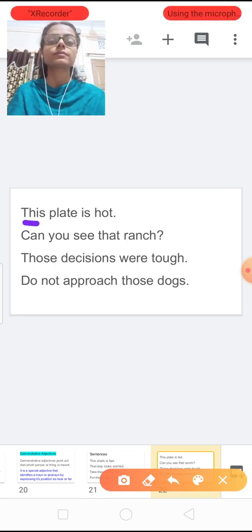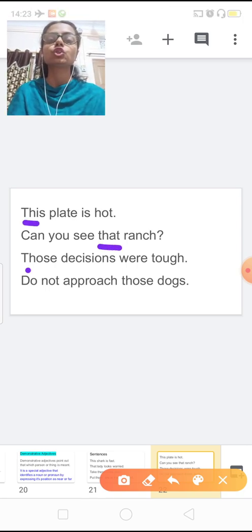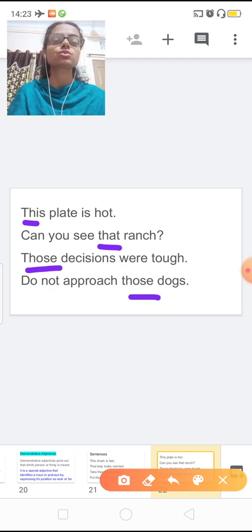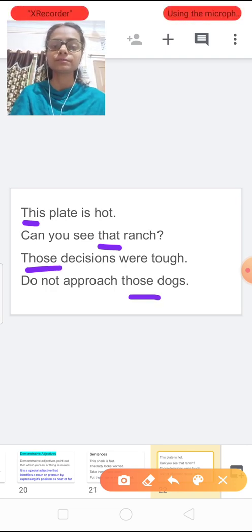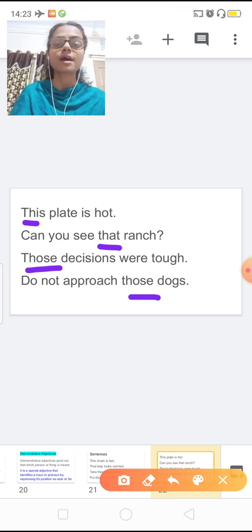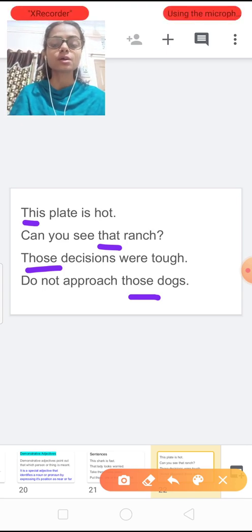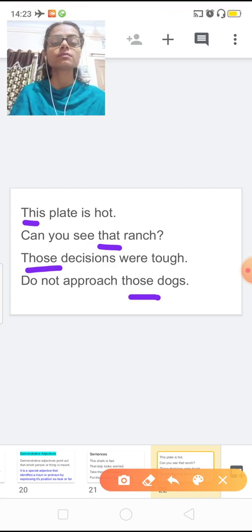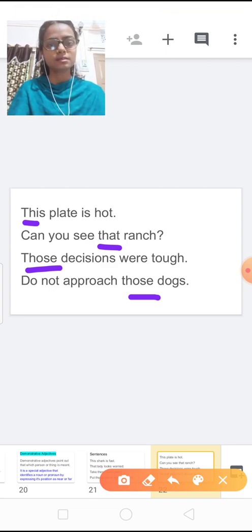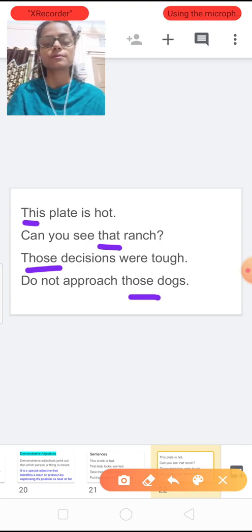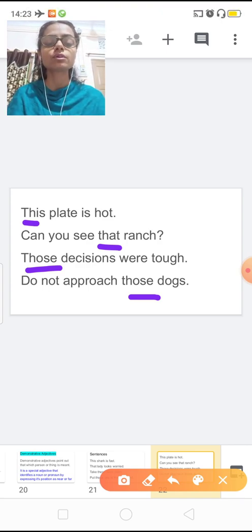This, that, those, those. I hope you all understand what demonstrative adjectives are. This, that, these, those.